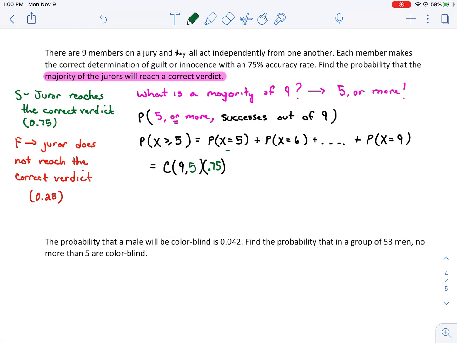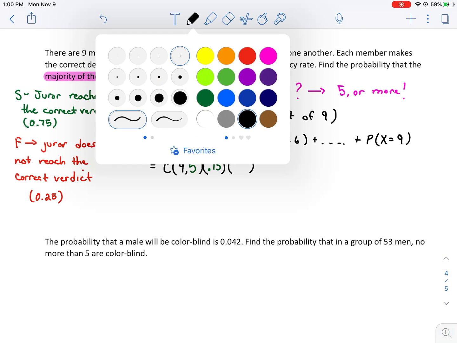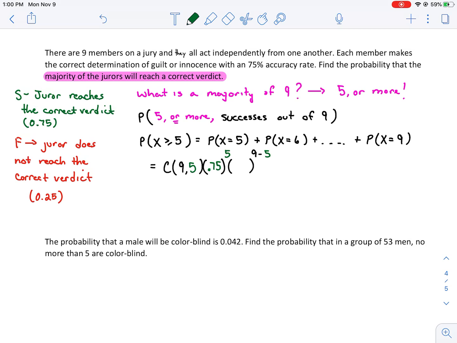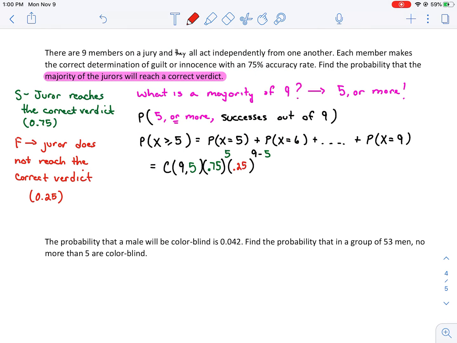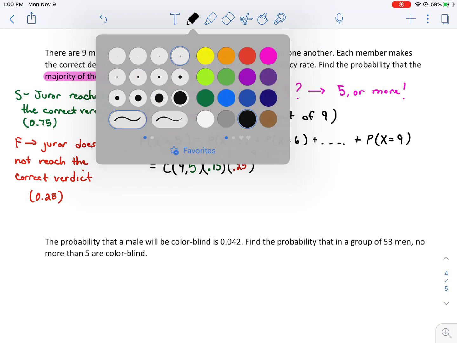So that would be 0.75 raised to the 5th power times the probability of failure raised to the 9 minus 5 power. So this would be 9 minus 5, and the failure is 25%.